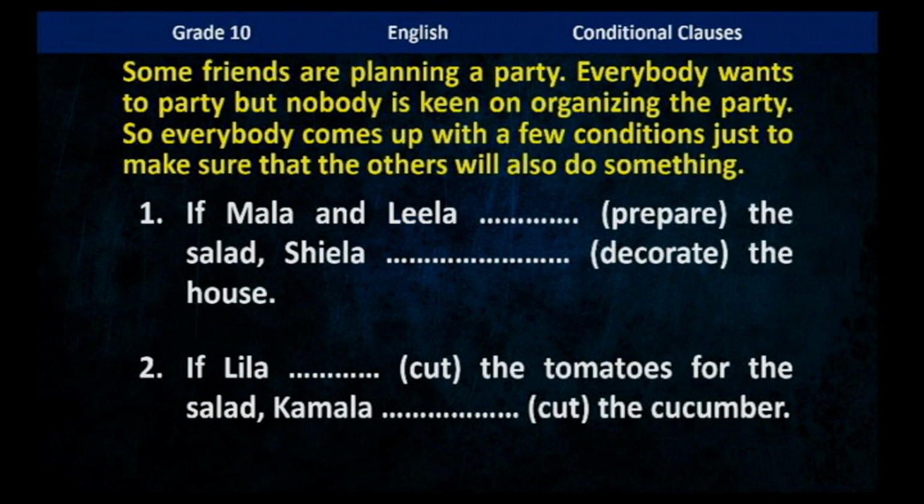Right. You can have an idea here. There are certain sentences with some blanks. All are actions related to organizing a party. If Mala and Leela, now there are two, prepare the salad, Sheila decorate the house.